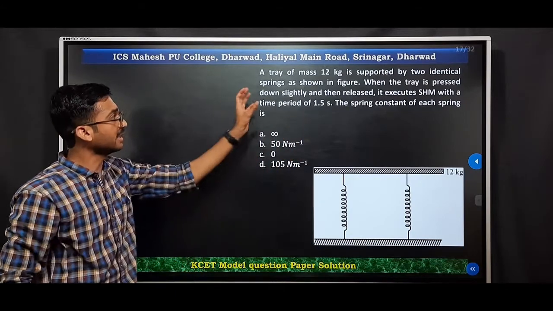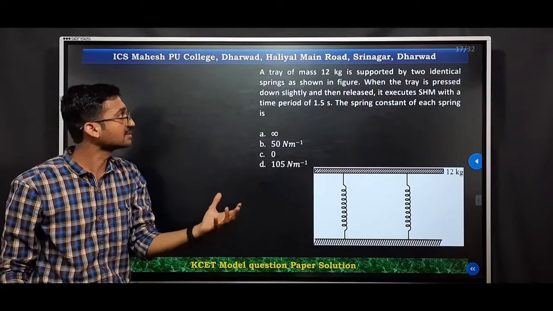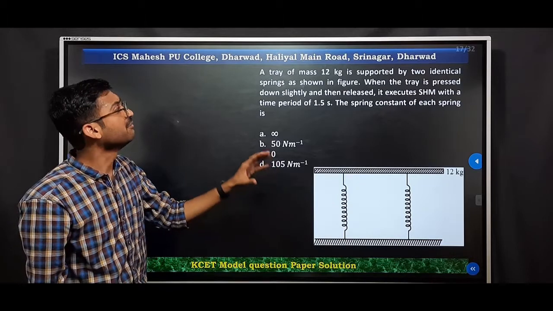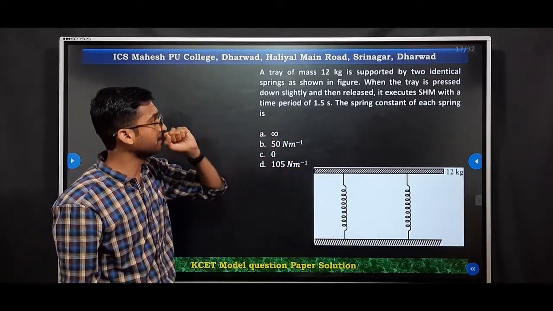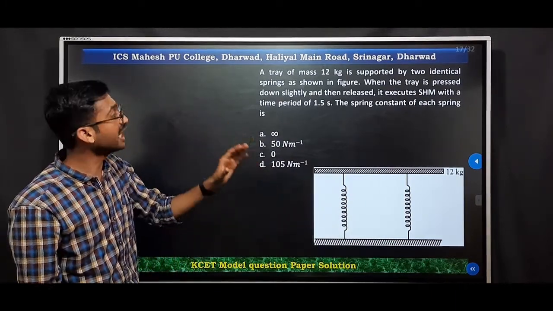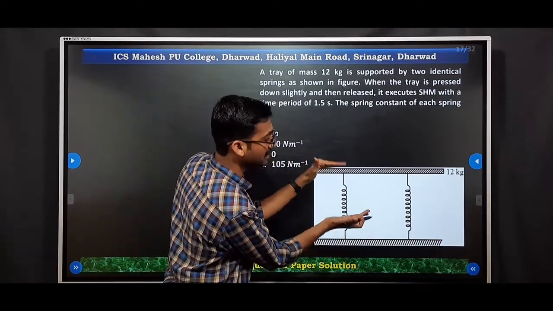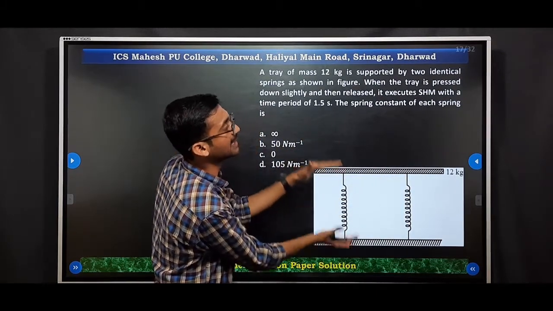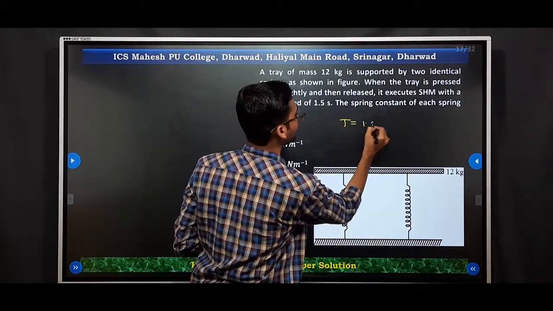A tray of mass 12 kg is supported by two identical springs as shown in the figure. When the tray is pressed down slightly and released, it executes SHM with a time period of 1.5 seconds.